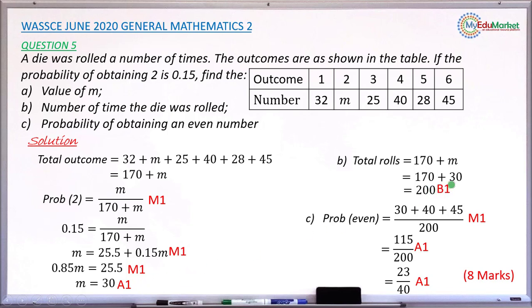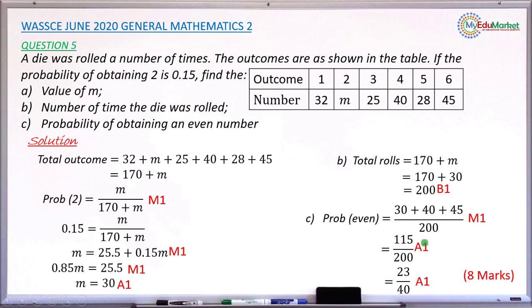The next mark is bonus 1 mark. For getting the total number of rolls as 200, you have this bonus 1 mark. Now the next mark is another method 1 mark, and that method mark is for attempting to get the probability of even by substituting the required outcome 30 plus 40 plus 45 in this formula for finding probability. You have this method 1 mark.